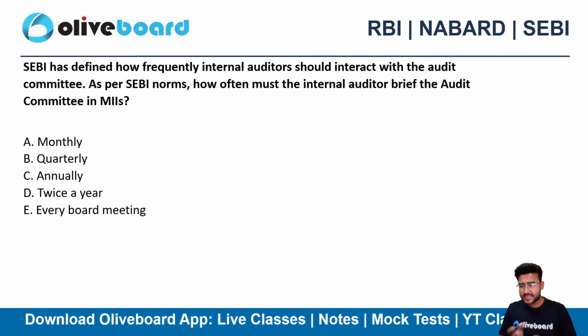Next, SEBI has defined how frequently internal auditors should interact with the audit committee as per the SEBI norms. How often must the internal auditor brief the audit committee in the MIIs? Yes, third was depository, right?